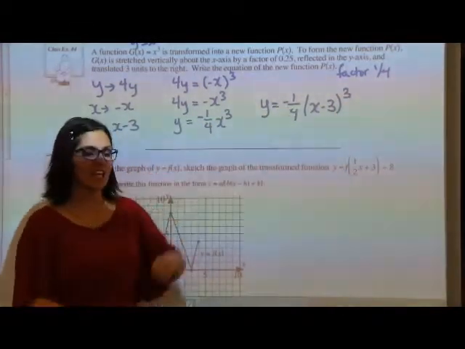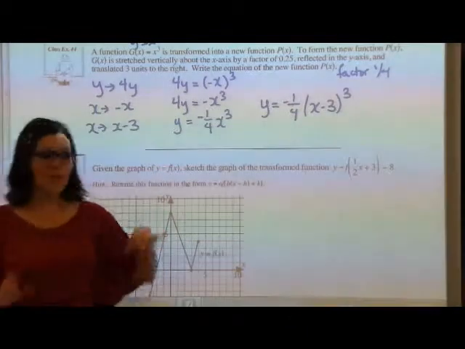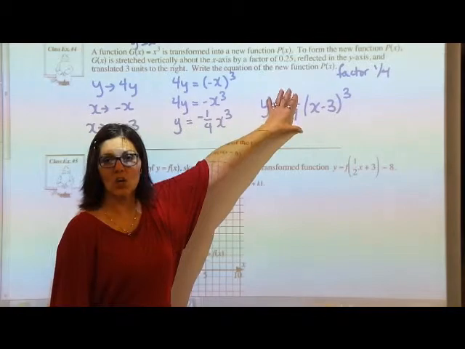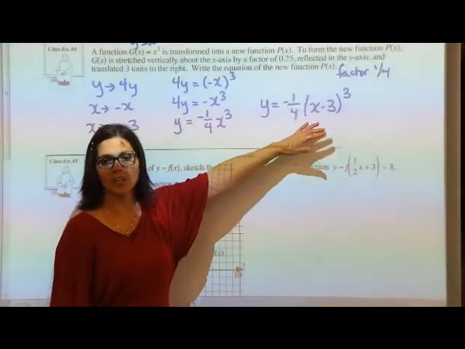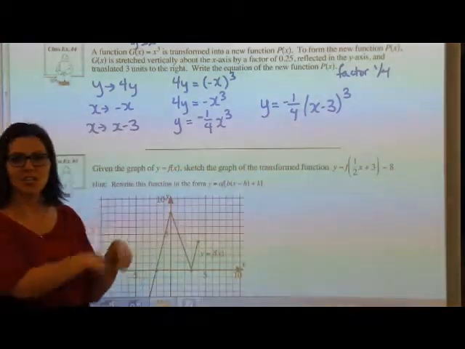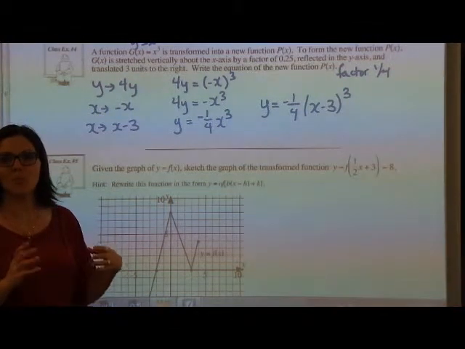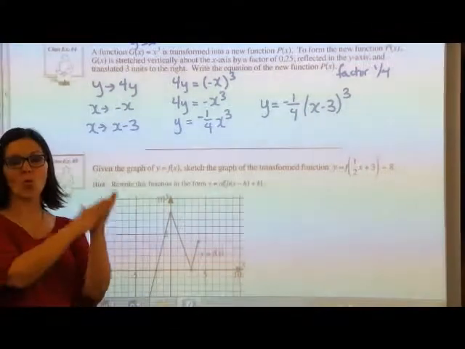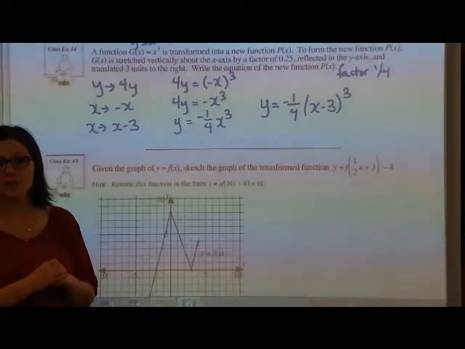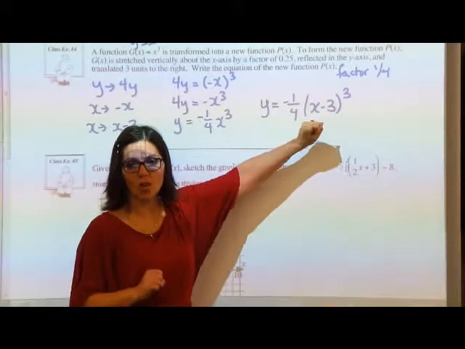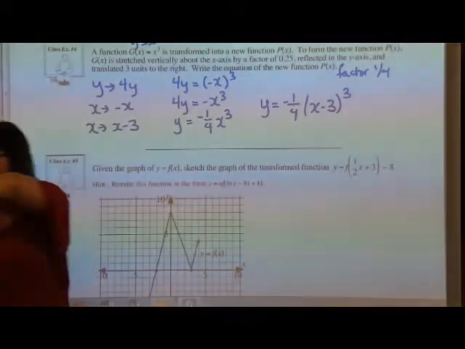So this negative, when I'm looking at the equation, could make it look like it's a vertical reflection as well. And that's because the shape of that x cubed graph lends itself to it could be a vertical or a horizontal reflection. So if I had given you this equation and I said, what are the transformations?